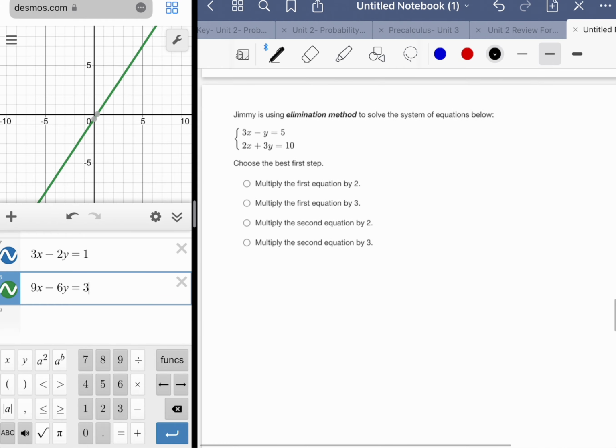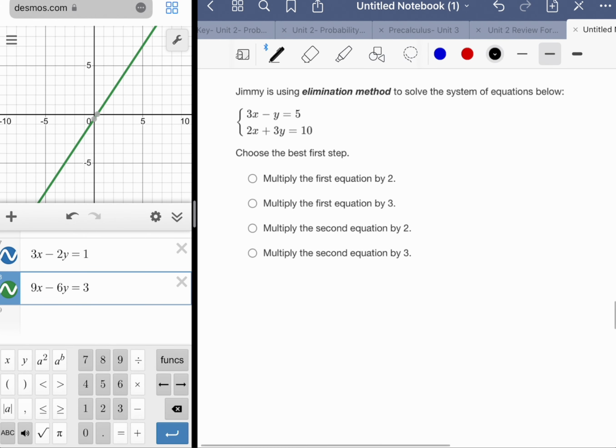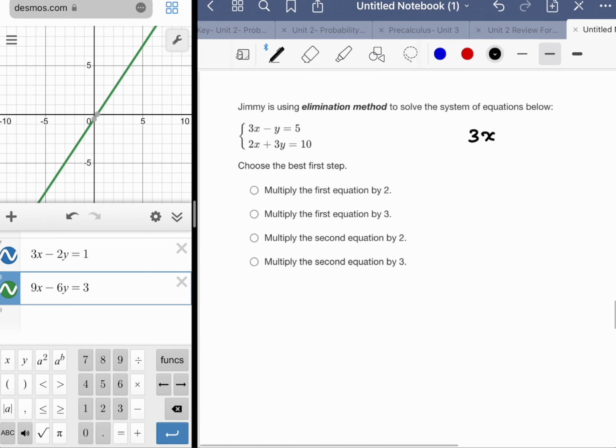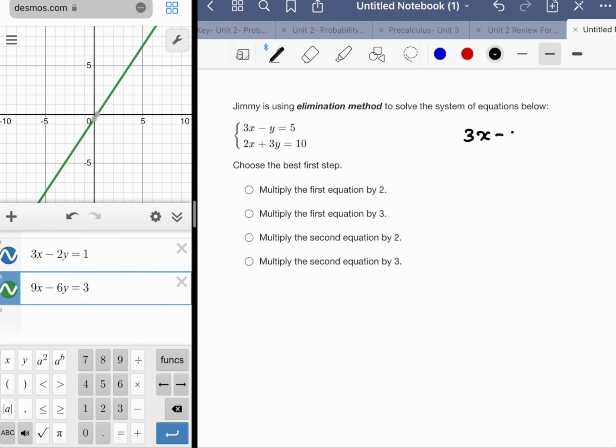All right. Elimination method. If you're using the elimination method, the idea is to cancel out a variable. So I'm going to rewrite my equations. I'm only asking for the first step in the elimination method, because that's really the only part that makes the elimination method challenging. The idea is that we want to cancel out a variable.